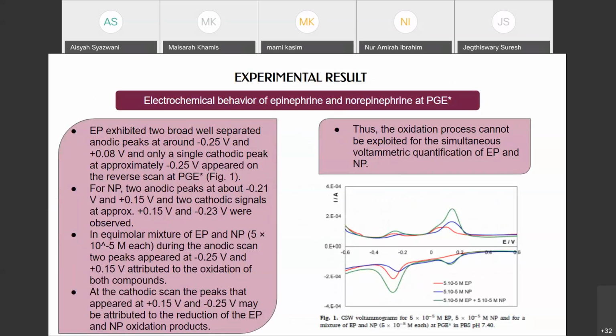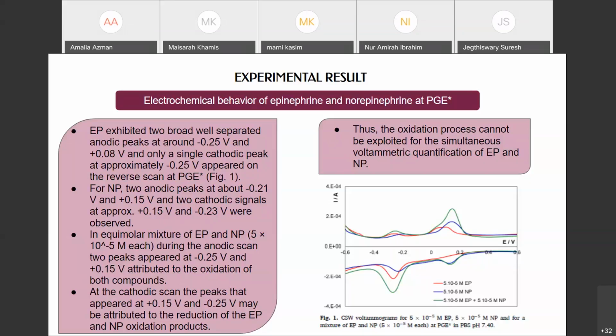Okay, next, we are going to present the experimental result. The first topic is the electrochemical behavior of epinephrine and norepinephrine at PGE. So EP exhibited two broad well-separated analytic peaks at around -0.25 volt and positive 0.08 volt, and only a single catalytic peak at approximately -0.25 volt appeared on the reverse scan at PGE, as you can see in figure 1 here.